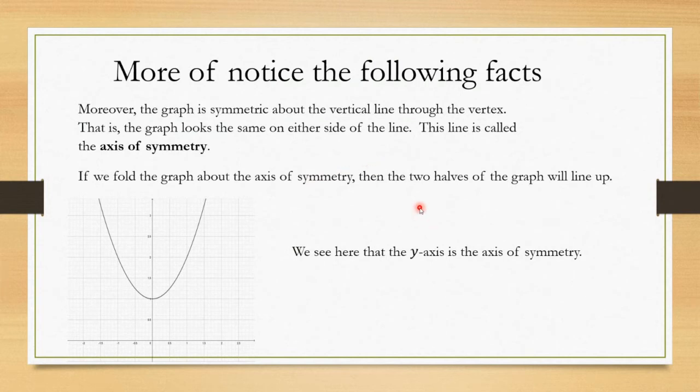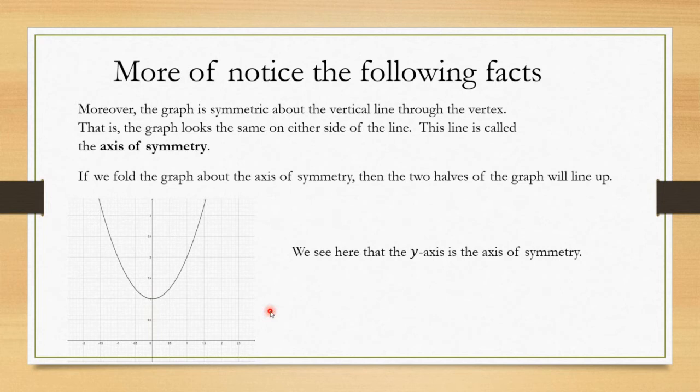Imagine folding a piece of paper, imagine folding the graph about that vertical line through the vertex. So in this graph down here, the vertical line through the vertex would be the y-axis, which is also x equals 0, because this is the vertex here at the bottom. And the y-axis here is the vertical line through it.